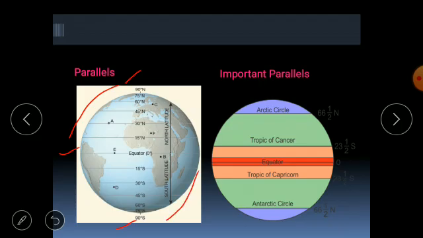The North Pole is marked as 90 degree N and the South Pole as 90 degree S. Children, it's very important to write N or S after the degree of latitude to describe its location, whether it is towards north or south.